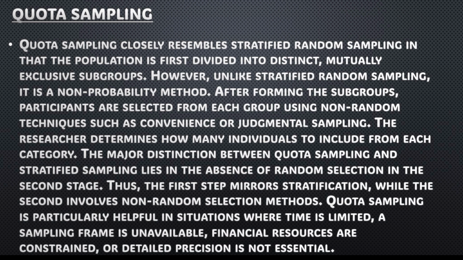The only difference between stratified random sampling and quota sampling is that the first step, which is stratification, is the same in both. The selection after the stratification is a probability method in stratified random sampling and a non-probability method in quota sampling.